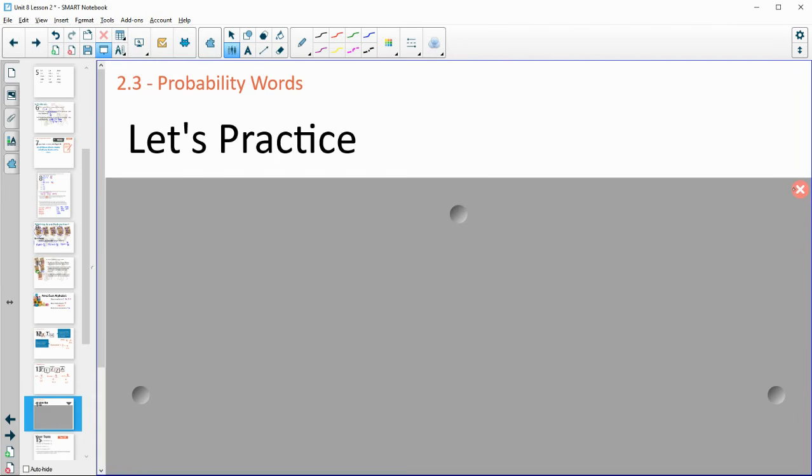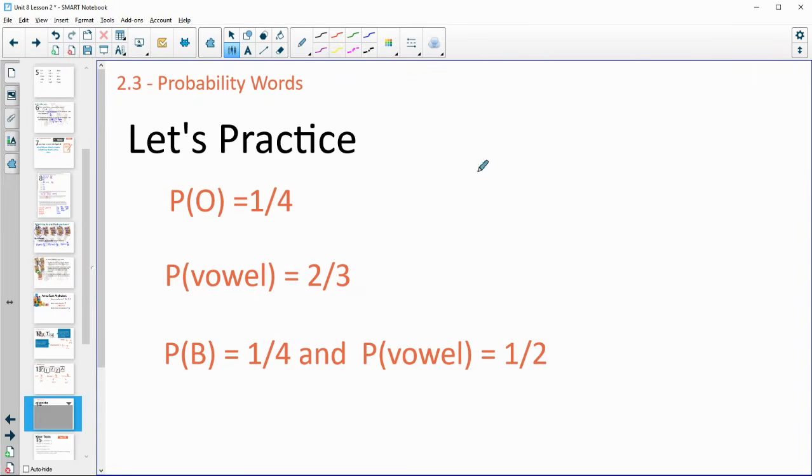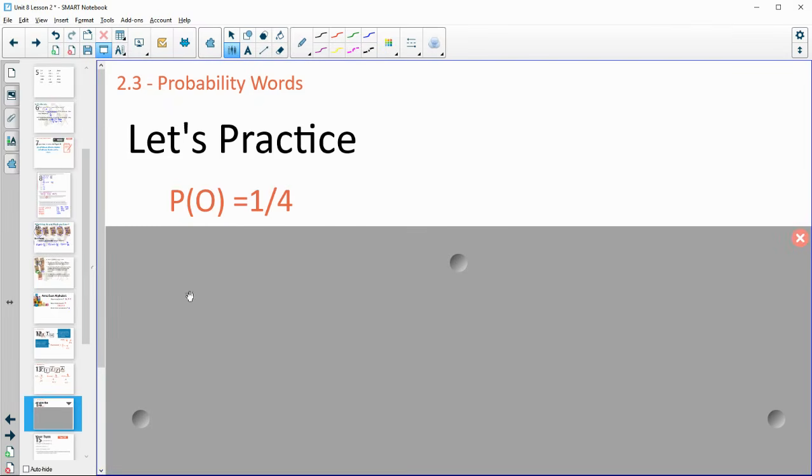All right, so let's practice what's going to happen in the book next so that you understand what we're wanting here. So in the book, what we're going to be doing is trying to come up with some words that have these probabilities. Okay, so let's come up with a word that the probability of an O is a 1 out of 4 chance.